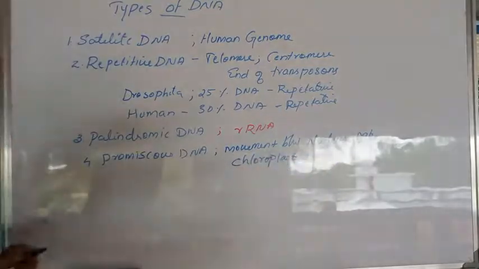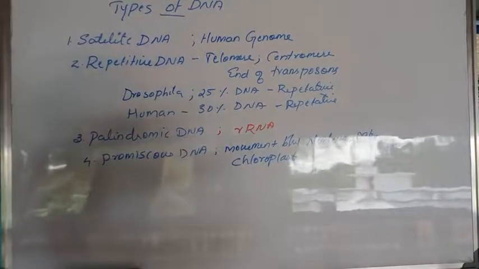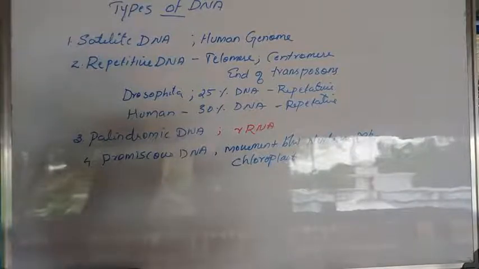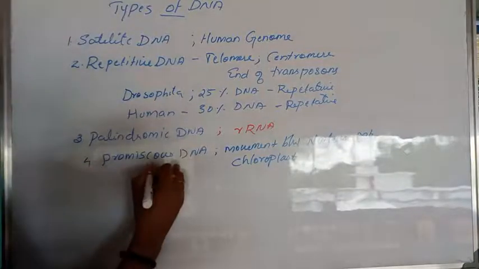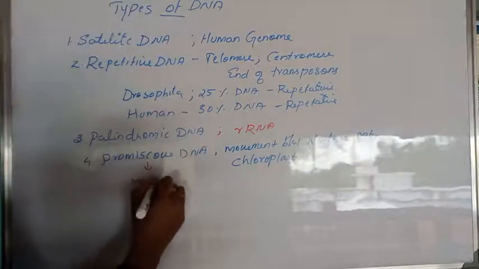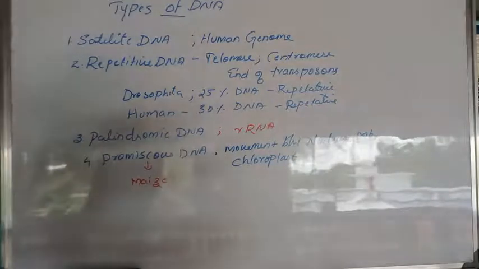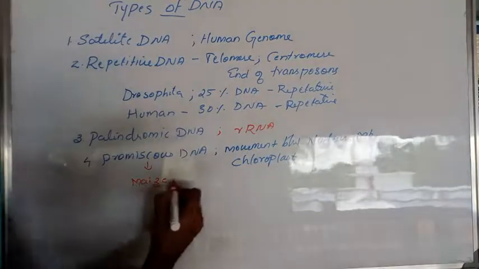It was discovered in 1983 at Cambridge University in the plant maize. Later it was reported in other organisms also.